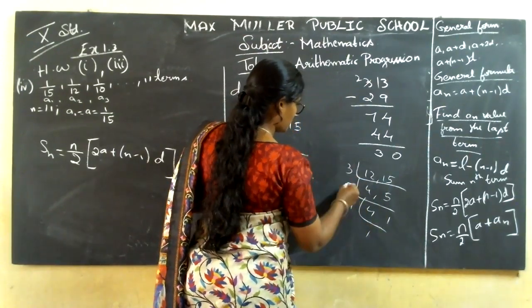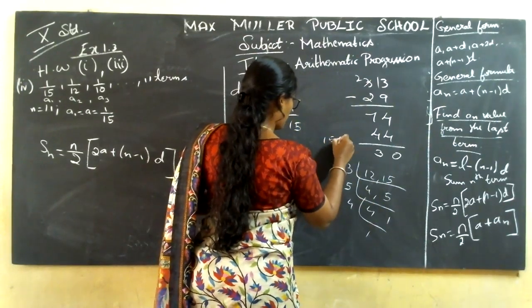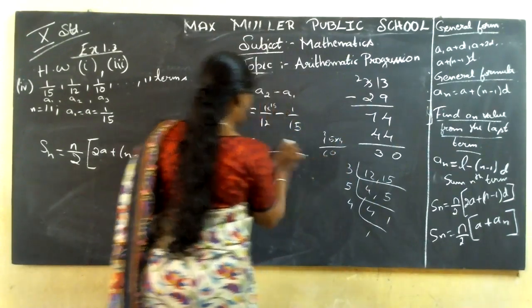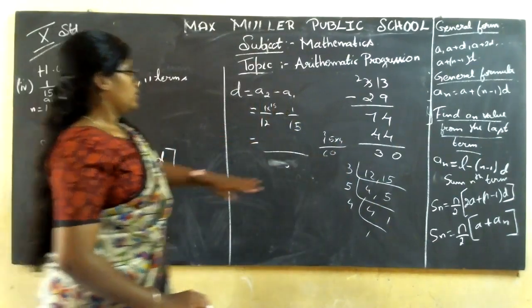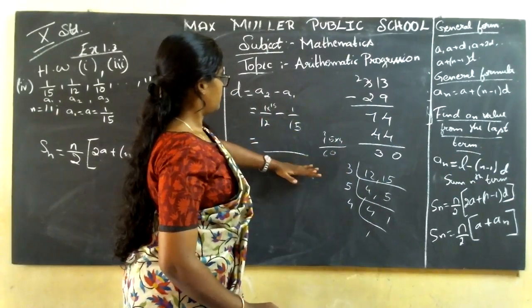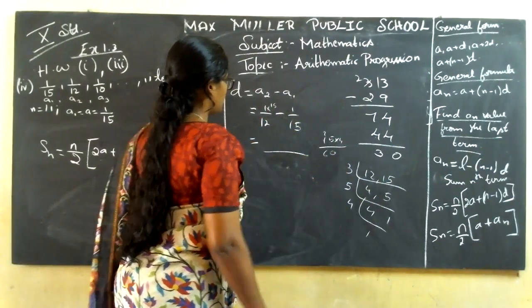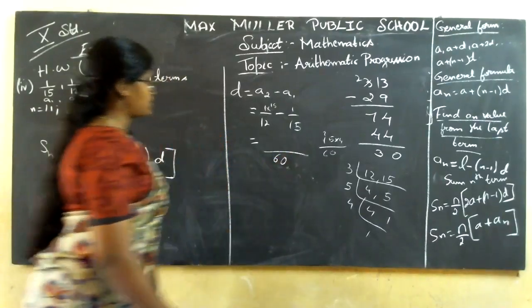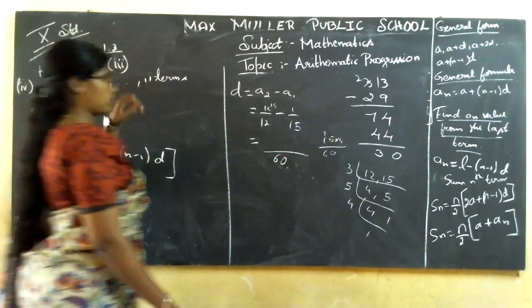Three fives are 15. LCM is 60, I'm sorry.